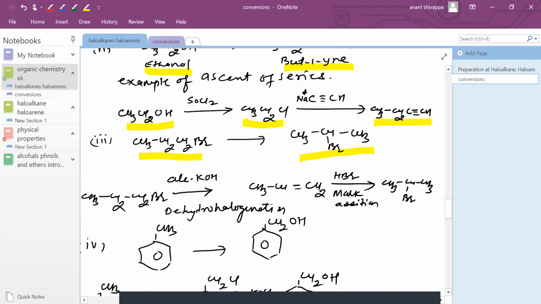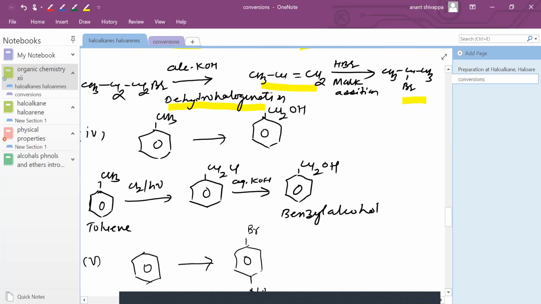So first of all, you have studied dehydrohalogenation in class 12th. So alkyl halide, when it is treated with alcoholic KOH, undergoes dehydrohalogenation. You will get propene, and then propene when treated with HBr, addition reaction, Markovnikov addition, then you will get 2-bromopropane. So this is how 1-bromopropane is converted into 2-bromopropane.